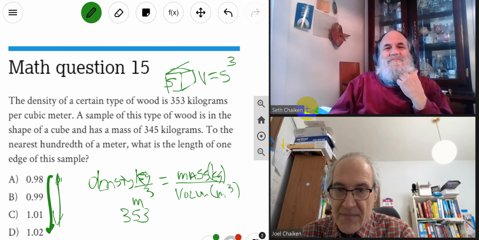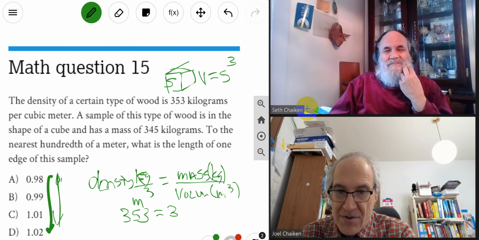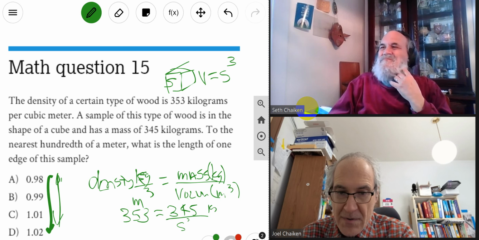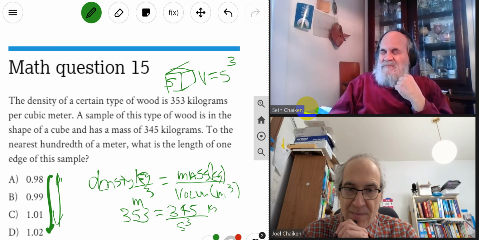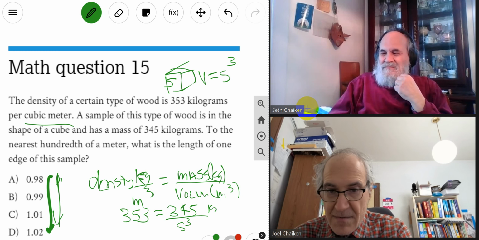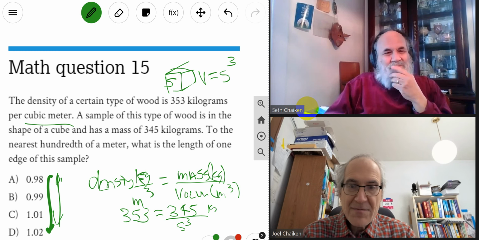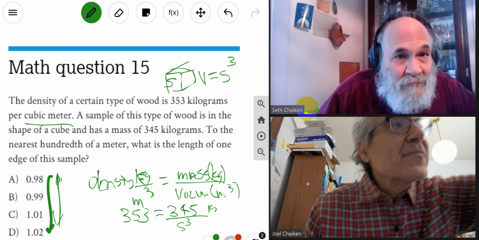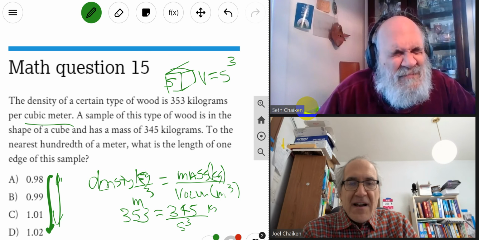353 kilograms per cubic meter is the density, which is the mass, 345 kilograms, over S cubed. And S is going to be in meters when we solve this. So, of course, it's a calculator question.